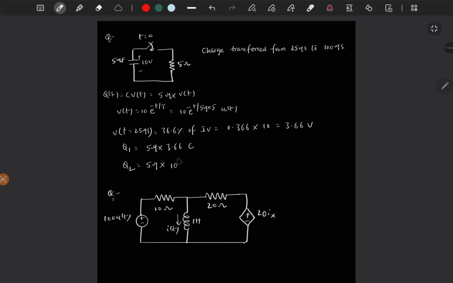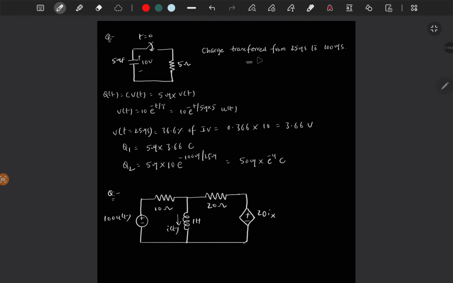So you have to find that voltage, which is 10 e power minus 100 micro by 25 micro, so 50 micro times e power minus 4 coulombs.